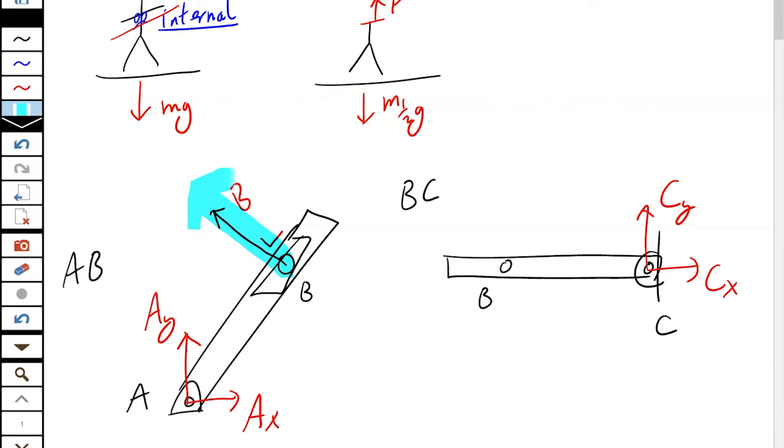So if it's up and to the left here, it must be down and to the right here. And as long as I draw that, it'll turn out perfectly. Because remember, the math will tell us the direction. If the value at B turns out positive, then it was in the direction of both arrows. They're nicely opposite. If the value at B turns out negative, it just means it was in the opposite direction in both cases, and they still cancel out nicely.